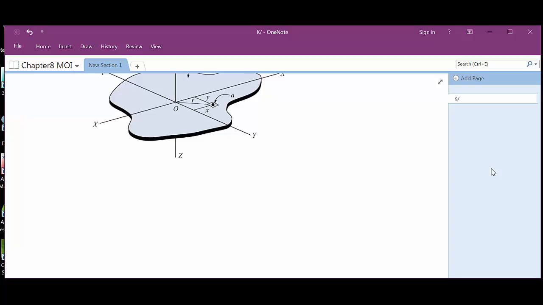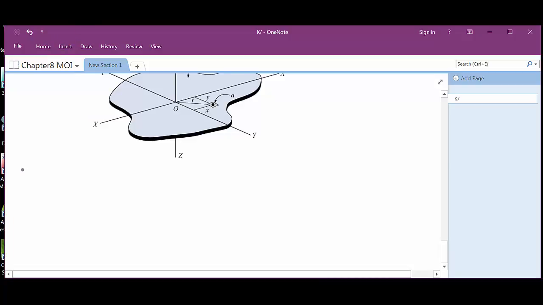Figure 8.16, the hollow shaft there on page 169. It says calculate the polar moment of inertia for a hollow circular shaft with an outside diameter of 4 inches and an inside diameter of 3 inches.